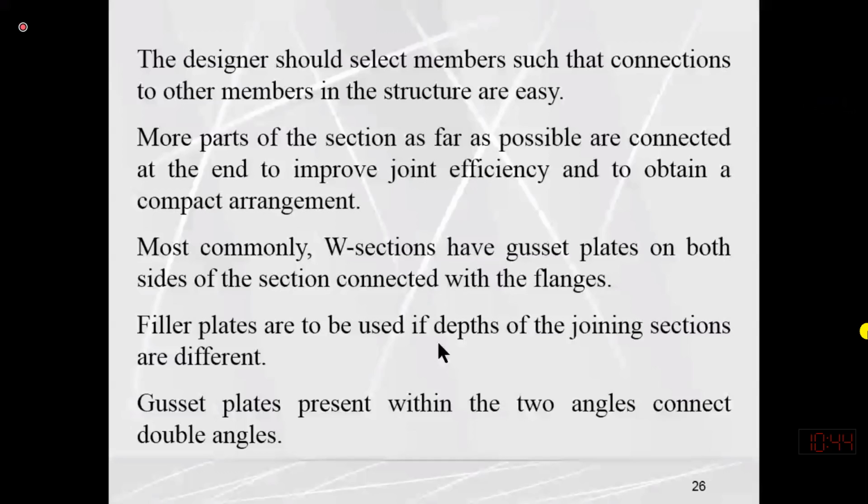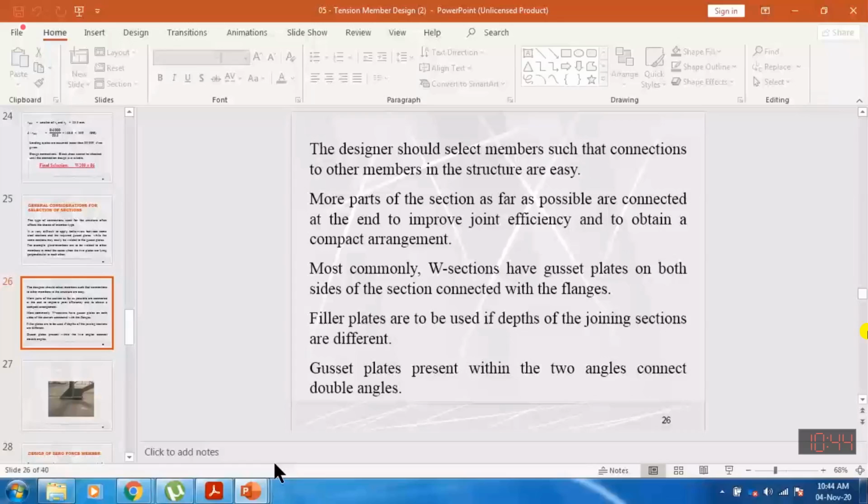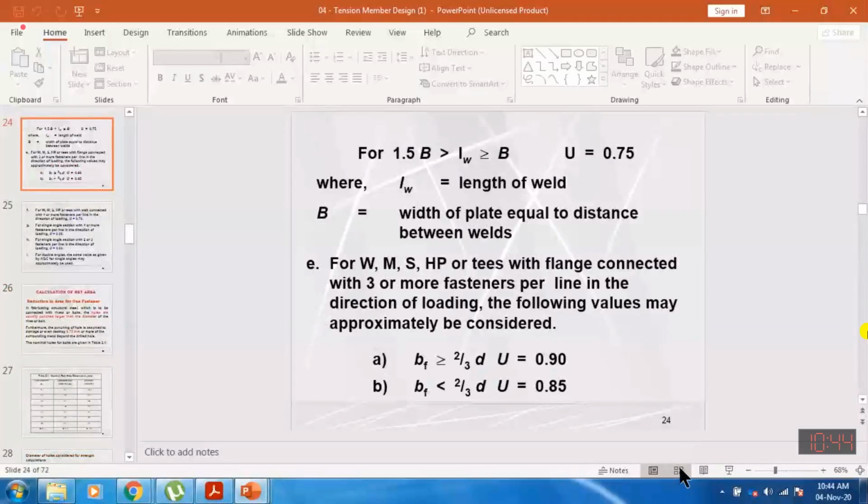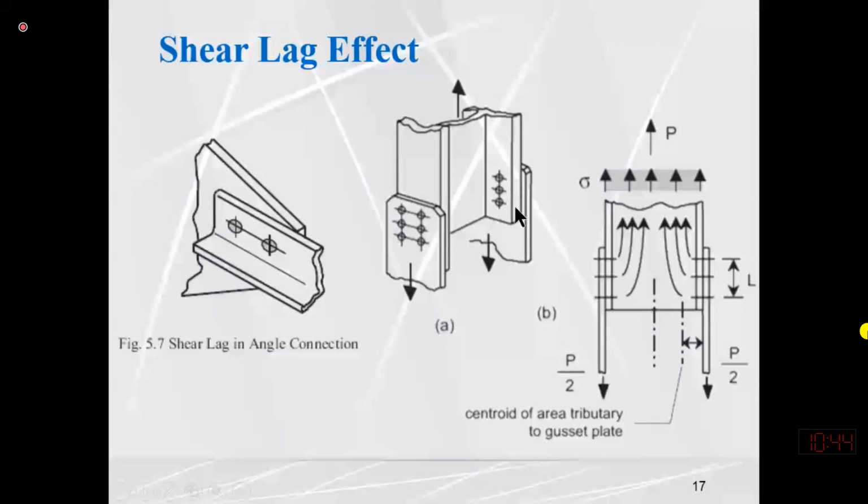I explained this in the first lecture, but I would like to show you again what it is supposed to say. If we have a W section, we have to use the gusset plate on both sides. But if we are using a single angle, we have to use only one gusset plate.